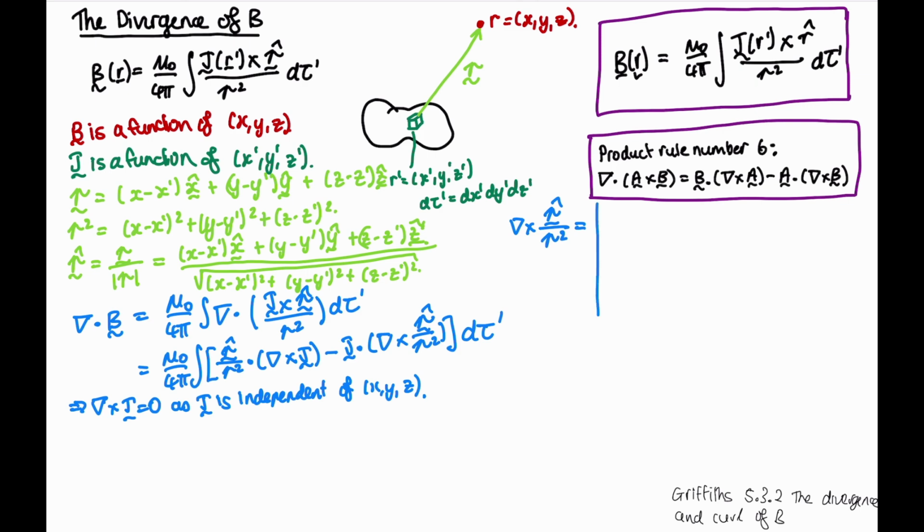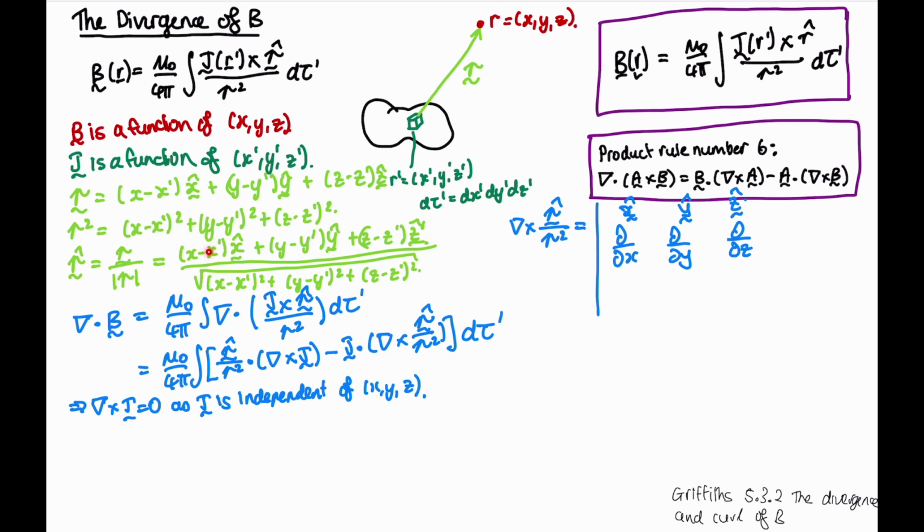And this is equal to the determinant of x, and then in the y direction and in the z direction. And we've got d dx, d dy, d dz. And then we've got our hat vector here, and we're dividing it by r squared.